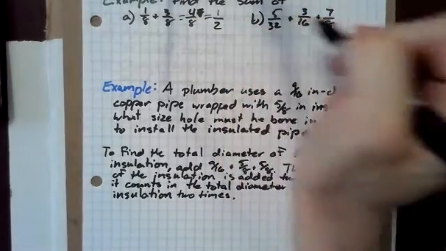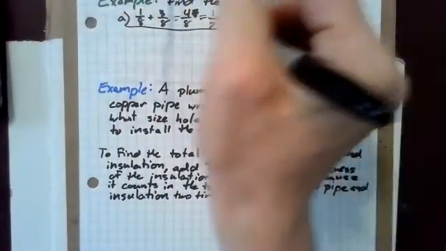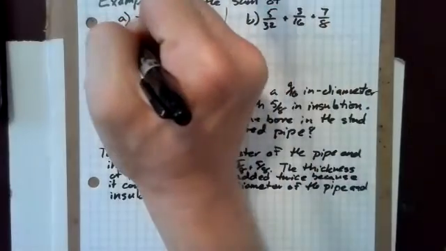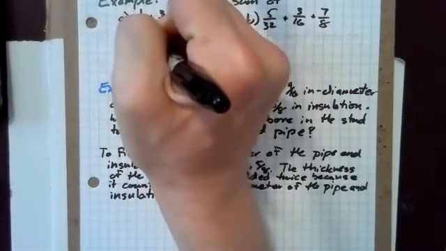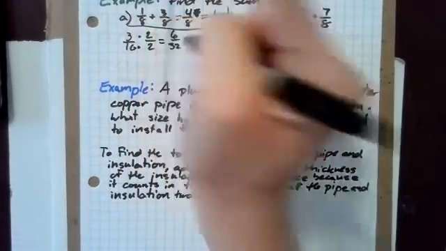To get 32, we'll take our 5/32 and leave that as it is. Our 3/16, we'll multiply the numerator and denominator by 2 each and get 6/32.